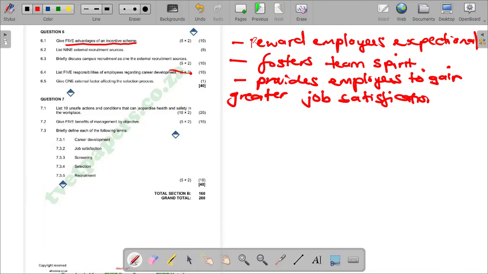And it also enables the organization to become productive.